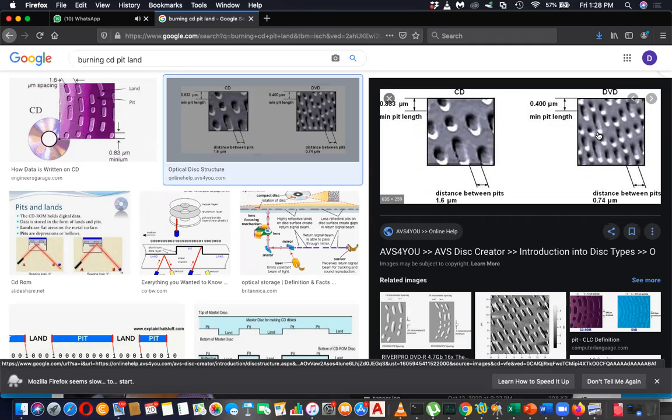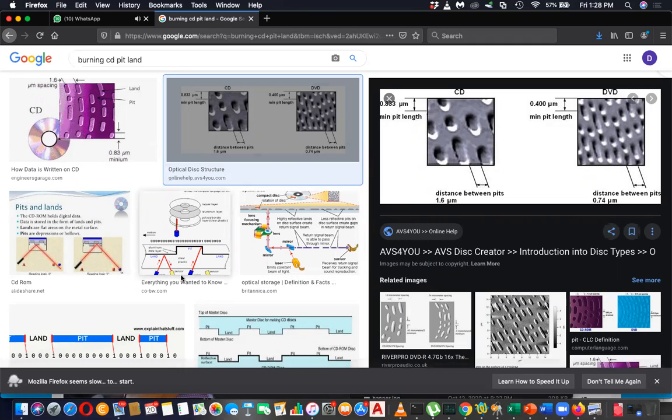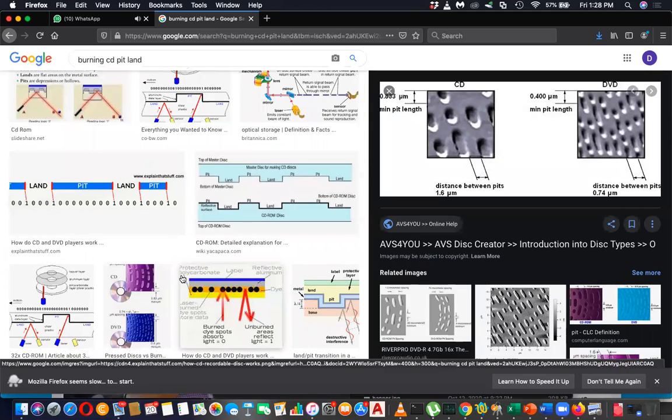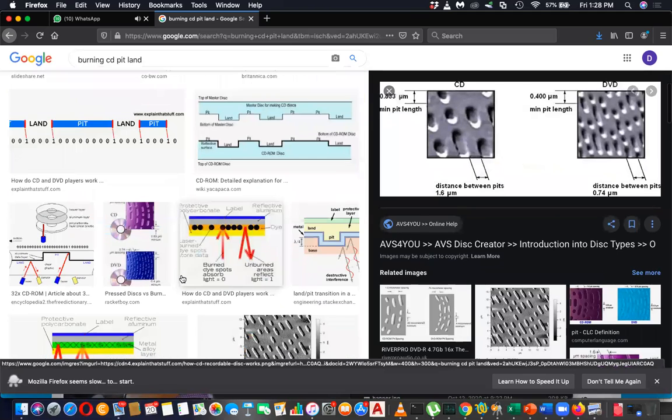How does this melting happen? When there's power, the laser turns on, and it goes and burns the aluminum layer. Understood how these are formed?